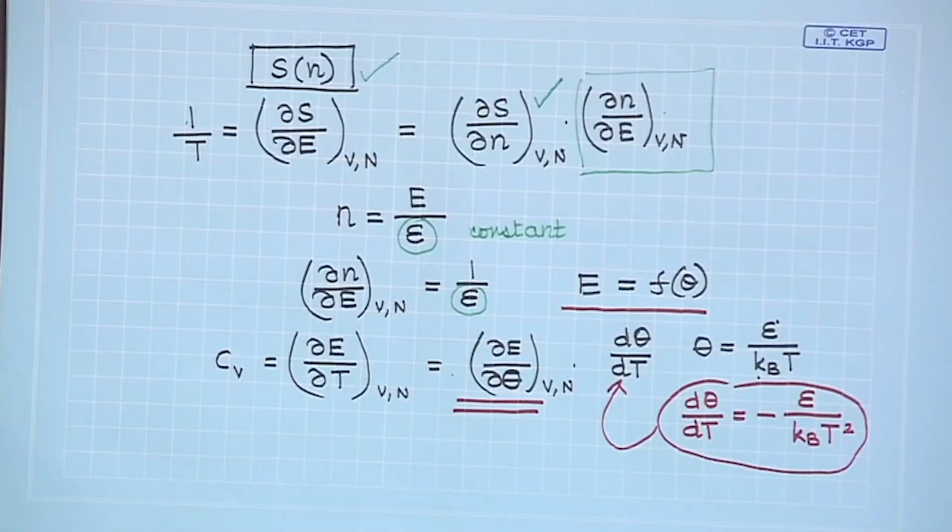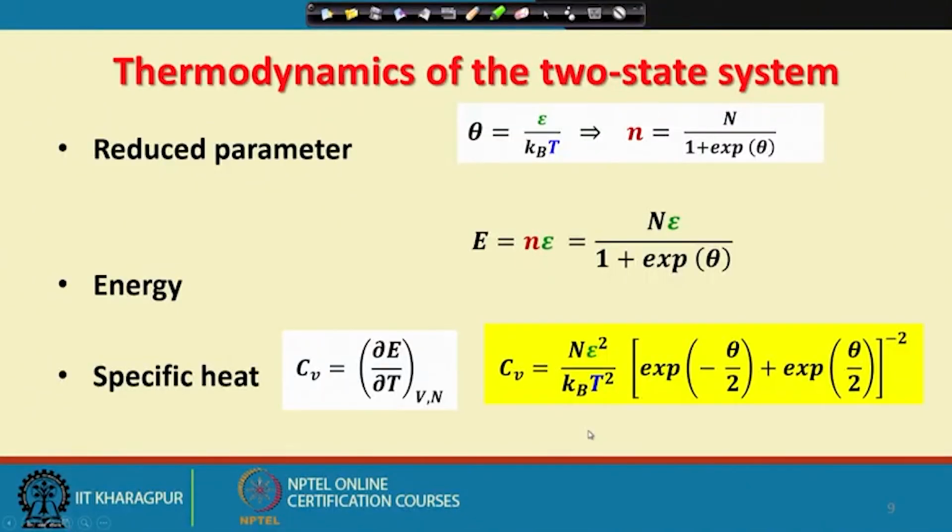So, by doing a little bit of algebra over here, you will be able to show that this is what the specific heat is. Now, having an analytical expression is actually extremely useful when you interpret the experimental data.